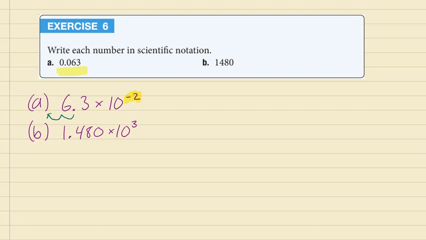So that's why that's a negative 2 here. And let's see, why is this a 3? Because, again, I want to multiply this 1.48 by something to make it equal to 1,480. And I need to move this over 3 times there to get that original thing, so that's why it's 10 to the power 3.